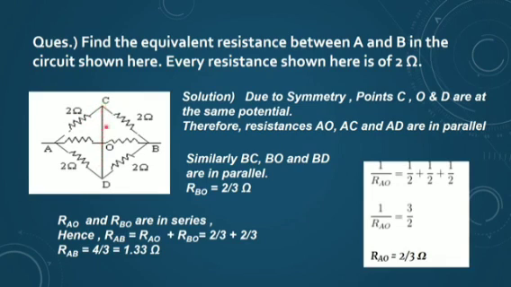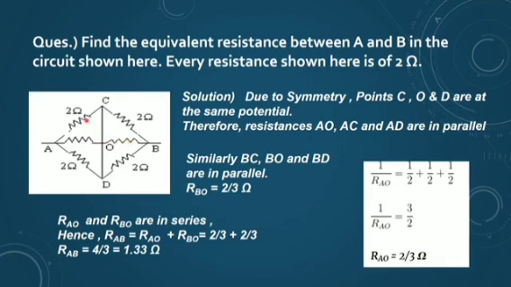Here, points C, O, D are all at the same potential. So you will have these three resistances, AO, AC and AD. These three are in parallel, and similarly these three are also in parallel, and then whatever results come will be in series with each other.